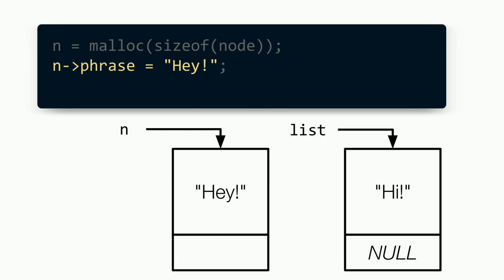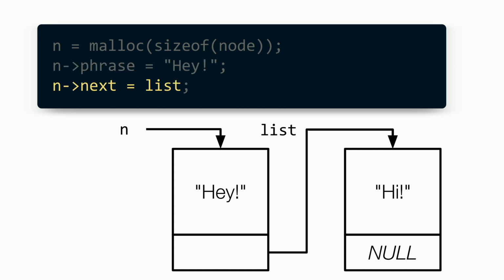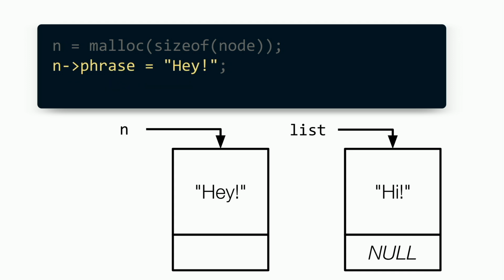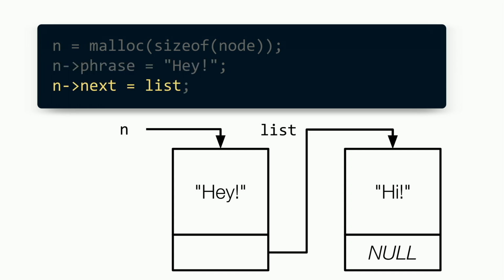What we're going to set next to is where the list is pointing. Recall that before, list pointed to where our first node was located. So now we want to grab our new node and point next to where the list was pointing previously, creating this connection between the two.